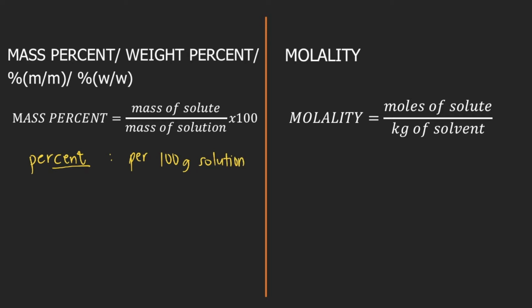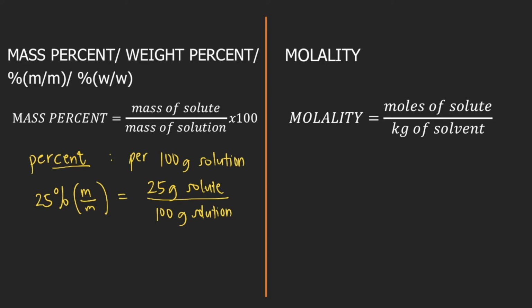For example, if you are given 25% by mass, that means 25 grams of solute per 100 grams of solution.